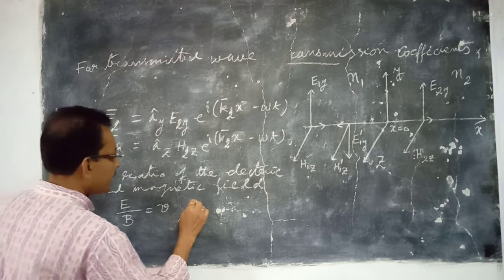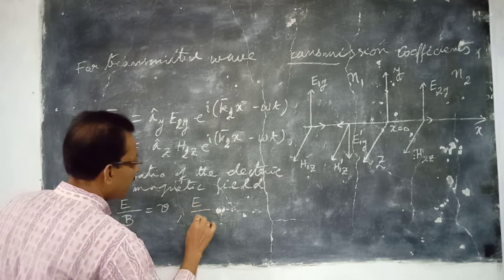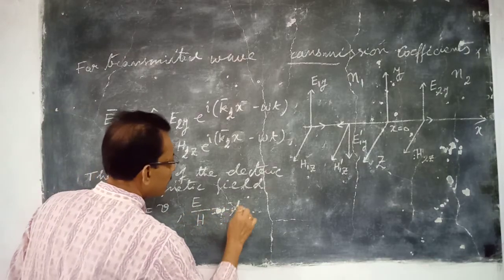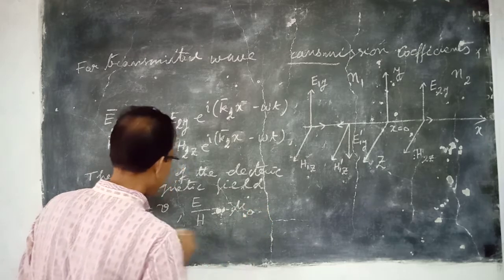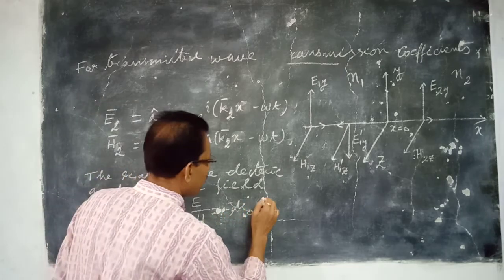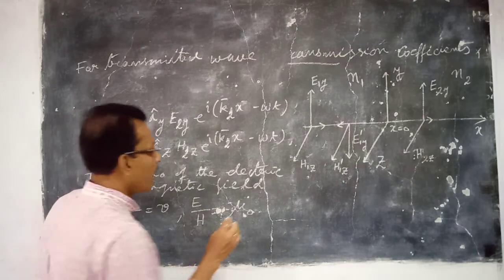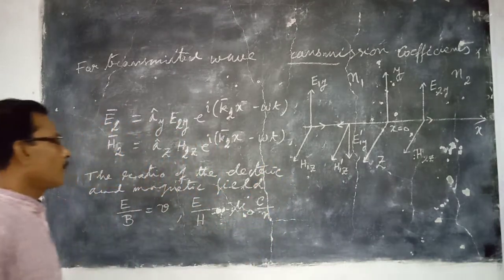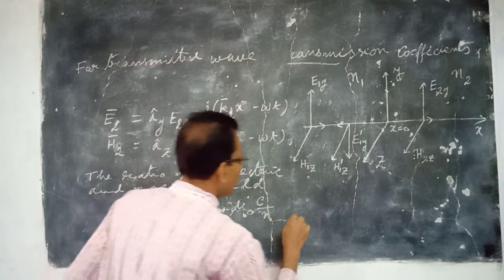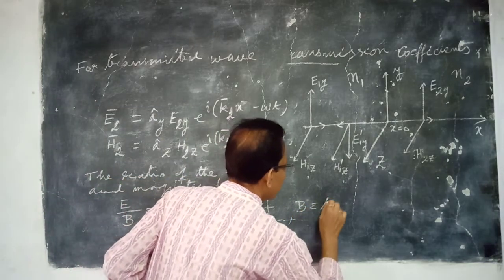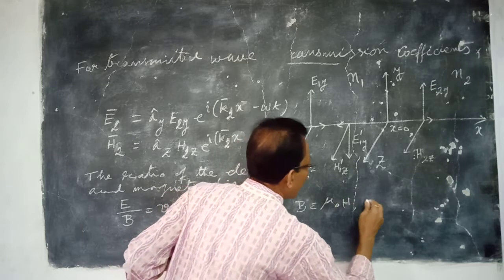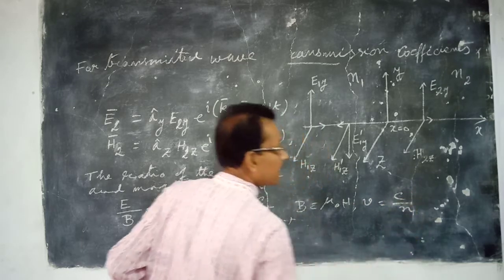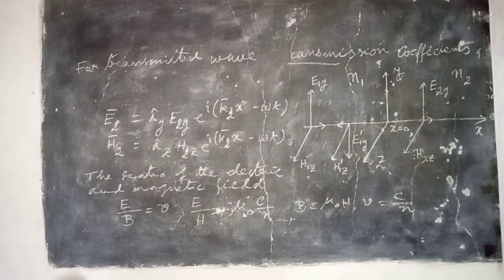B equals mu 0 H, so it is mu 0 into V. In terms of the speed of light in vacuum, V is equal to C by n, where C is the speed of light in vacuum.